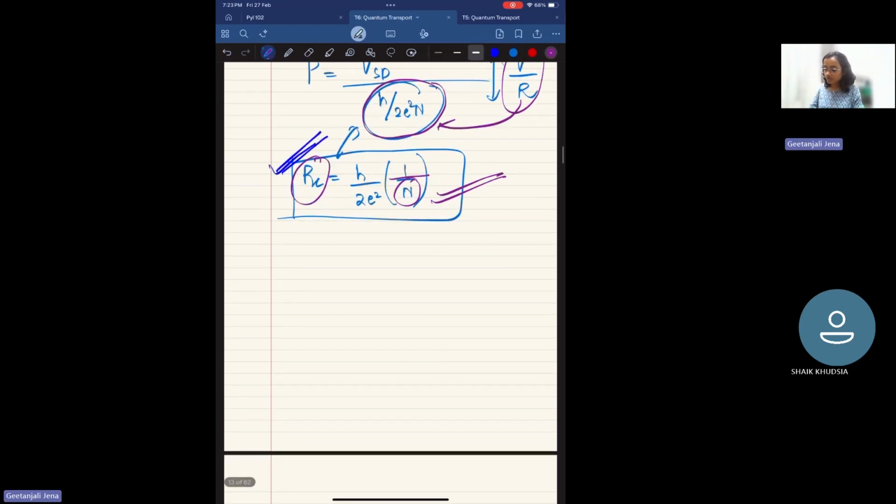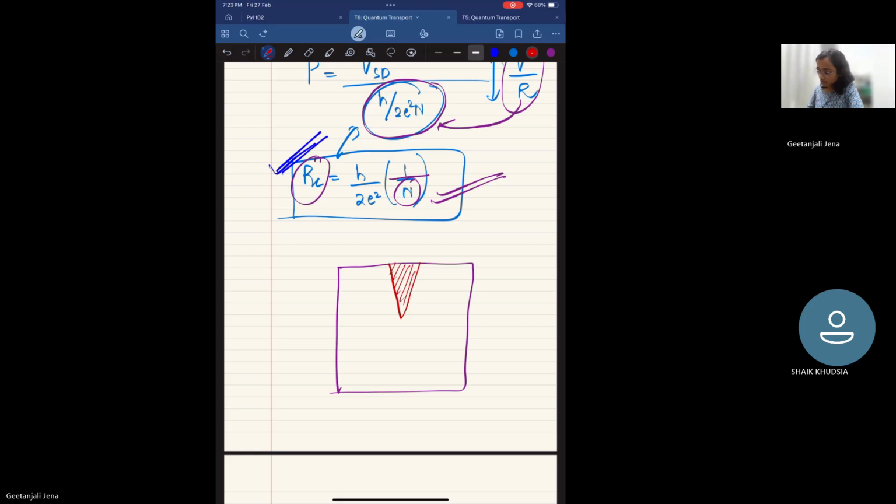Let me take a bigger one. Let us say we have a schematic like this: a 2D electron gas, and we have made 1D quantum point contacts, and we have a source and drain here.